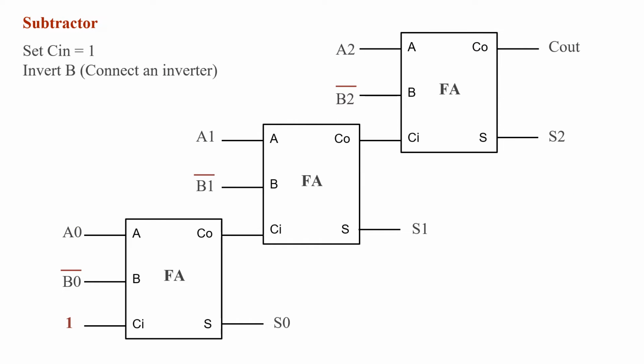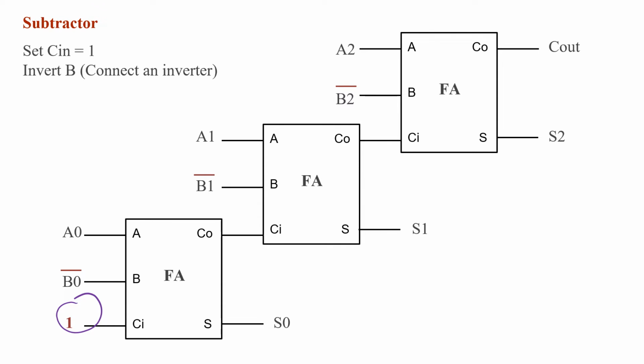If we want to design a subtractor, given the knowledge of how to create an adder, we can simply do that by complementing the second bits from each full adder. So in this case it's bit B. So we complemented each value of B, and we replaced the first carry in with a value of 1.